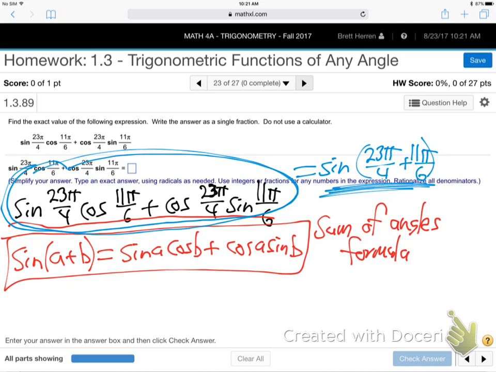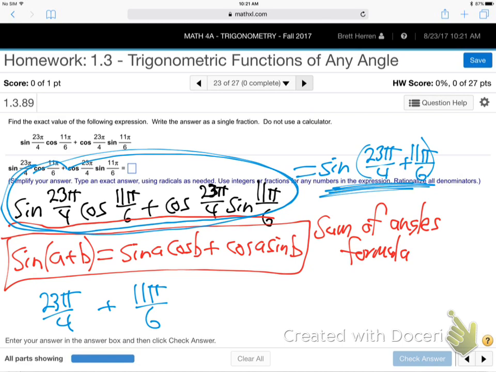So how do you add 23 pi over 4 and 11 pi over 6? All of this, notice, is no calculator. Can you add these two with no calculator? What do we have to do to add those two?